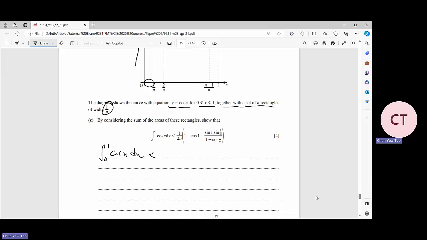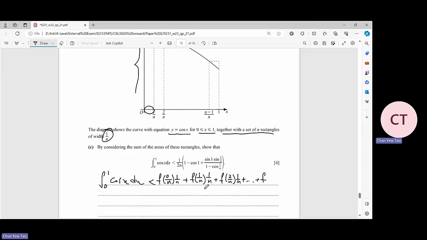So you're supposed to write f0 multiplied by 1 over n, plus f of 1 over n multiplied by 1 over n, plus f of 2 over n multiplied by 1 over n, plus until, what is the last one? The last one is f of (n minus 1) over n.